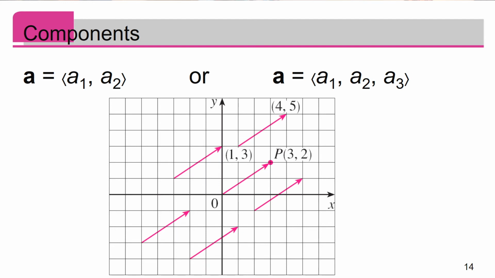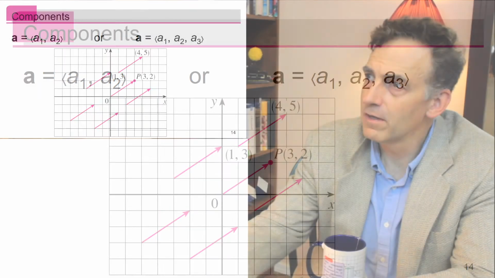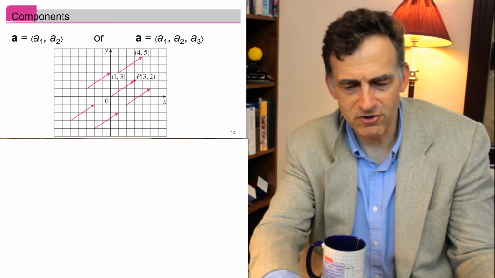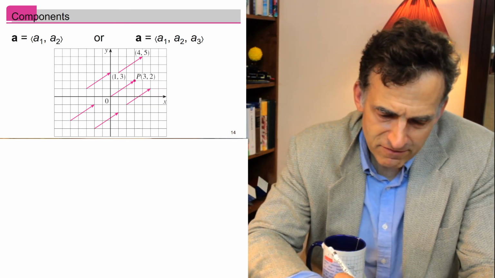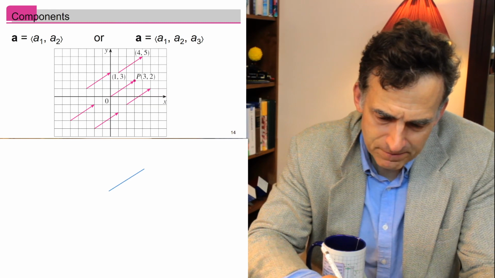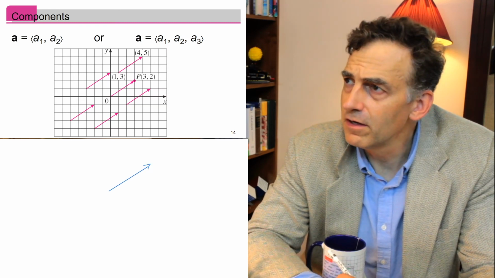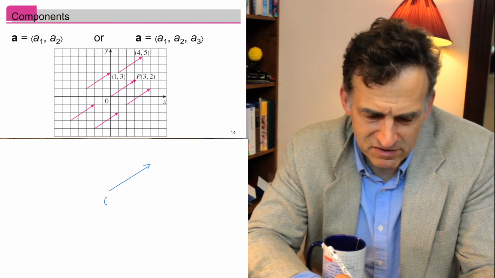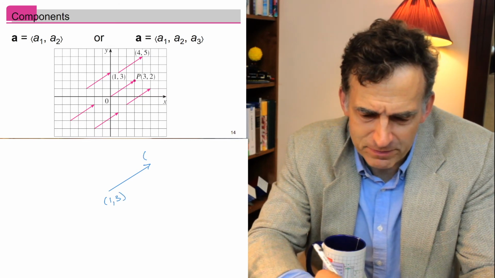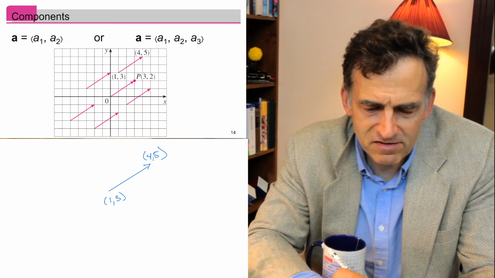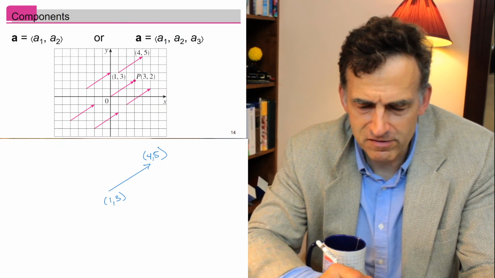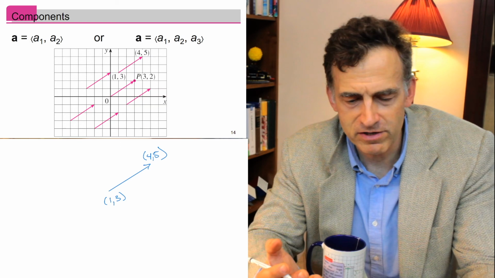Now, let's take a look at that upper right one there. Now I can actually show you what I'm talking about. It is the vector that begins at the point 1, 3, and ends at the point 4, 5. So that is the same as the vector that starts at the origin and ends at the point 3, 2.